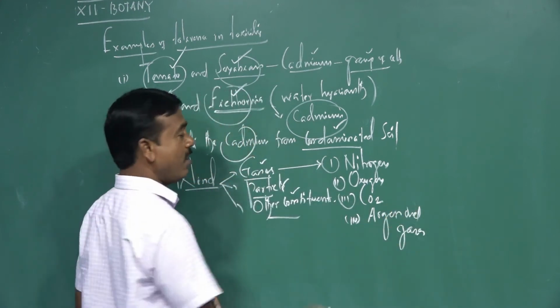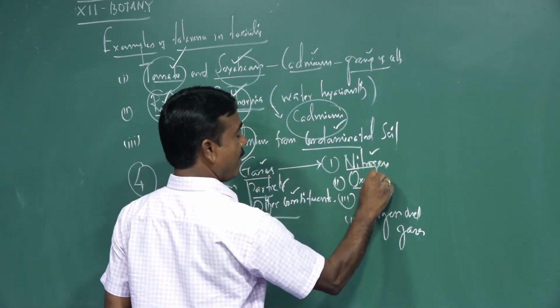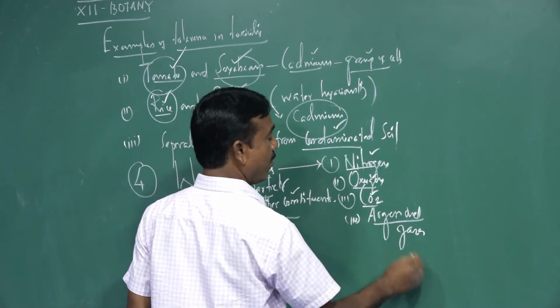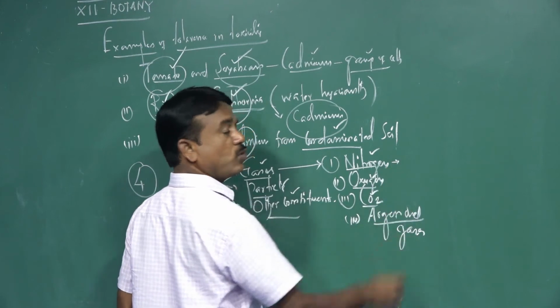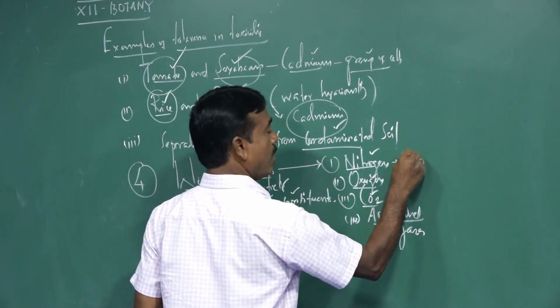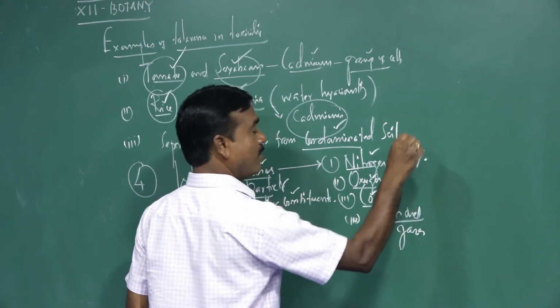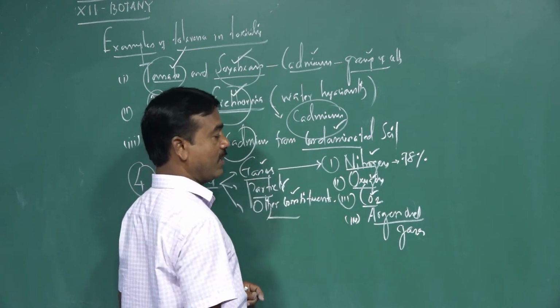So what are the gaseous components? Nitrogen, oxygen, carbon dioxide, argon and the other gases. How much nitrogen is present in the atmosphere? 78% of the atmosphere is formed by nitrogen.